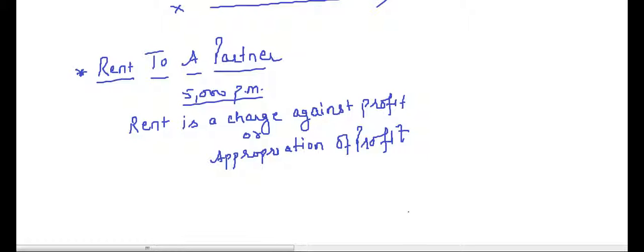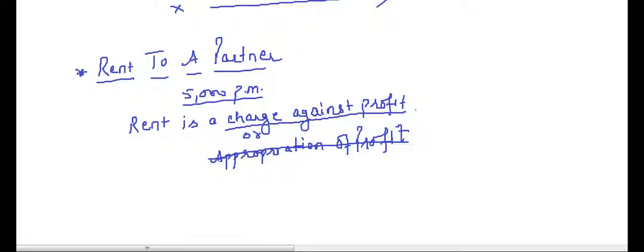Now if they have to pay rent, it can't be an appropriation of profit. It is a charge against profit, because you have to pay it whether you are earning profits or not.